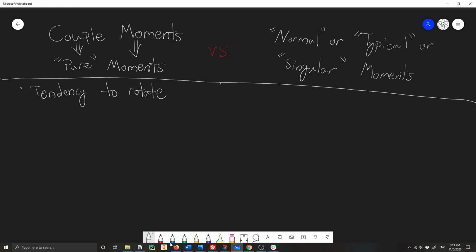Both of these do. Just to be clear, a tendency to rotate. And moments actually have the same units as torque.